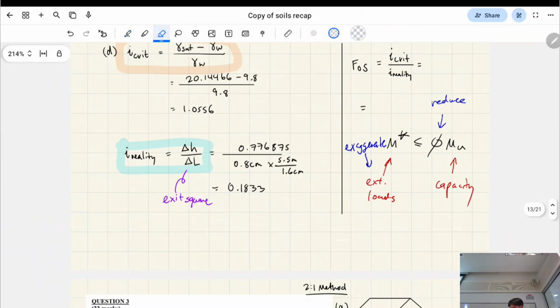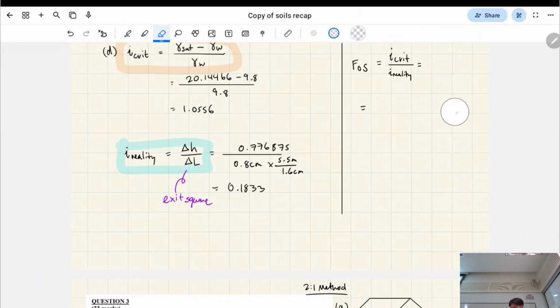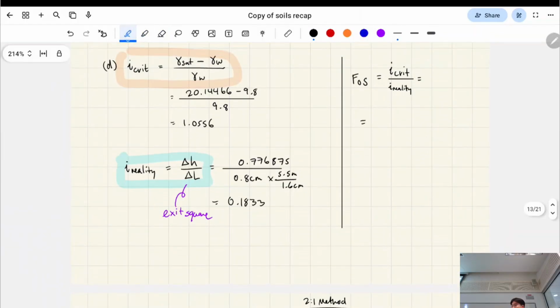Geotech's a little bit different. It's the same, but it's just presented differently. I don't know why. This is how they do it in the Australian standards. They do it in terms of factor of safety. So generally, you have your capacity, and then you have your external loads, and it's a ratio of each other.